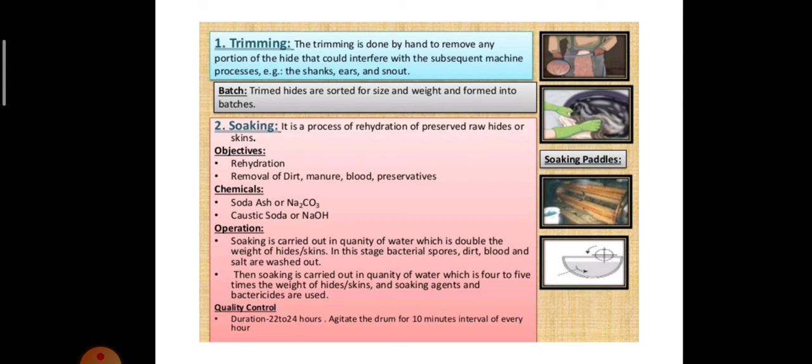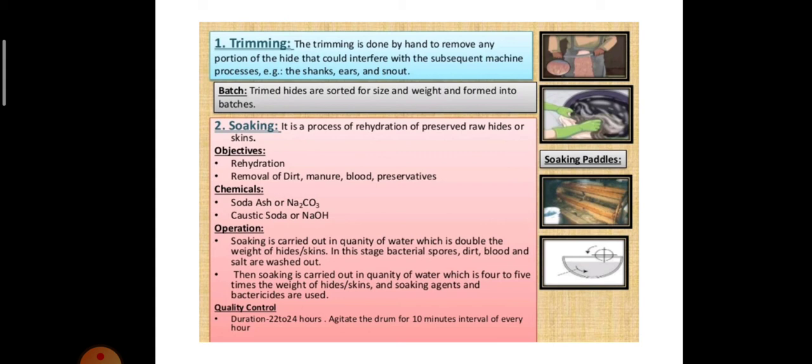The soaking is carried out in a quantity of water which is 4 to 5 times the weight of hides and skin, and soaking agents and bactericides are used. So soaking cannot be done in a small bucket. We need a number of small tanks, which we call pits, full of water, about 4 to 5 times the weight of the hides and skin.